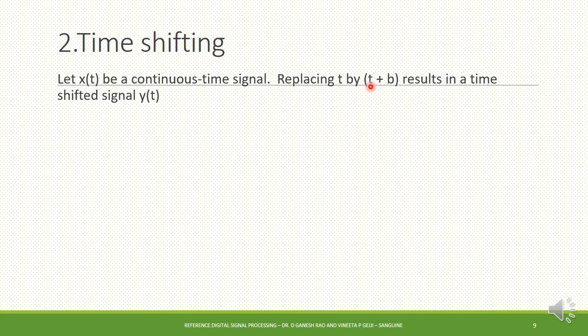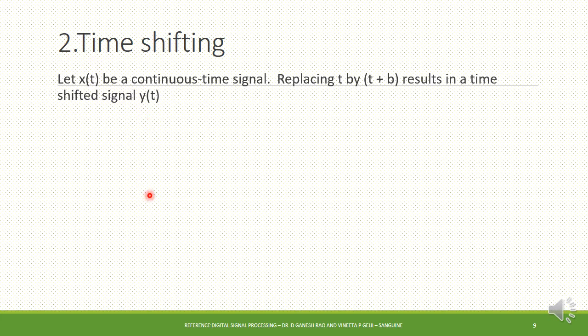That is the time shifting property in the signal. So here let us take continuous time t. x of t is a continuous time signal. If t is replaced by t plus b, it results in a time shifted signal y of t.